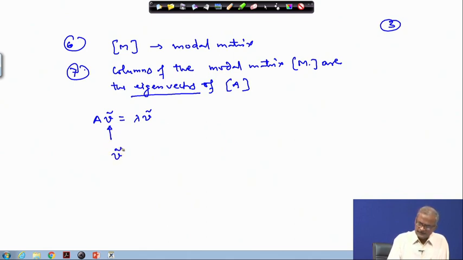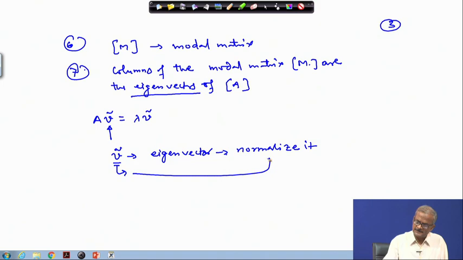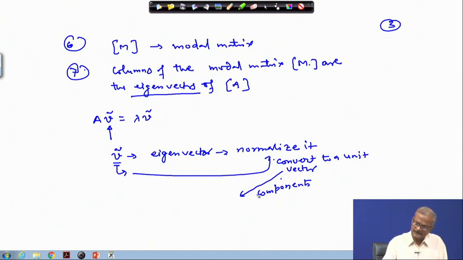Here this nu tilde appears as the eigenvector, and if we normalize this eigenvector, normalize meaning we convert it to a unit vector, then its components indicate the direction cosines.